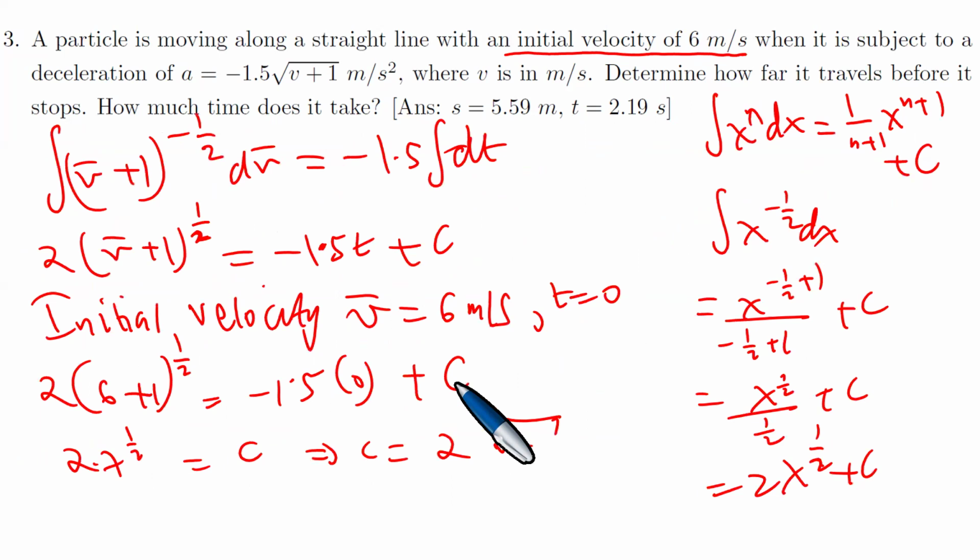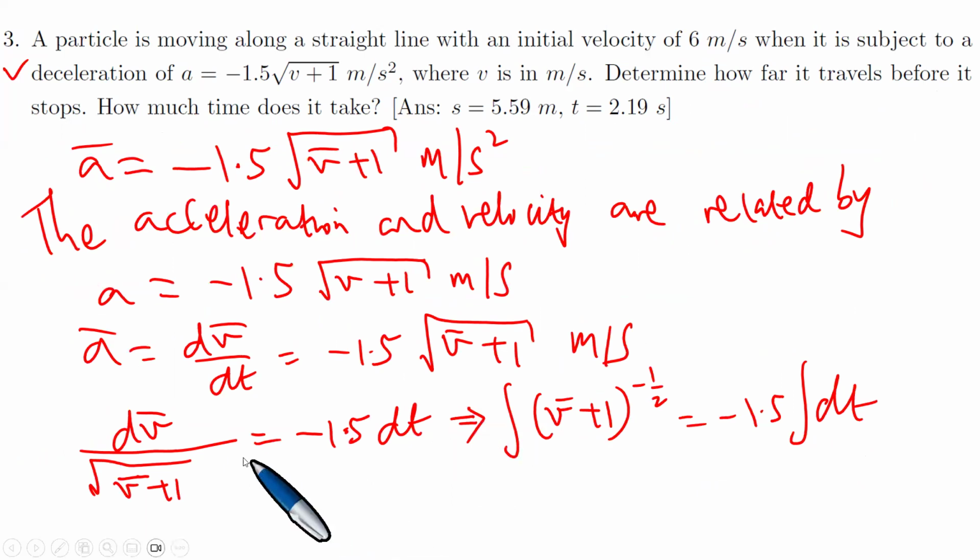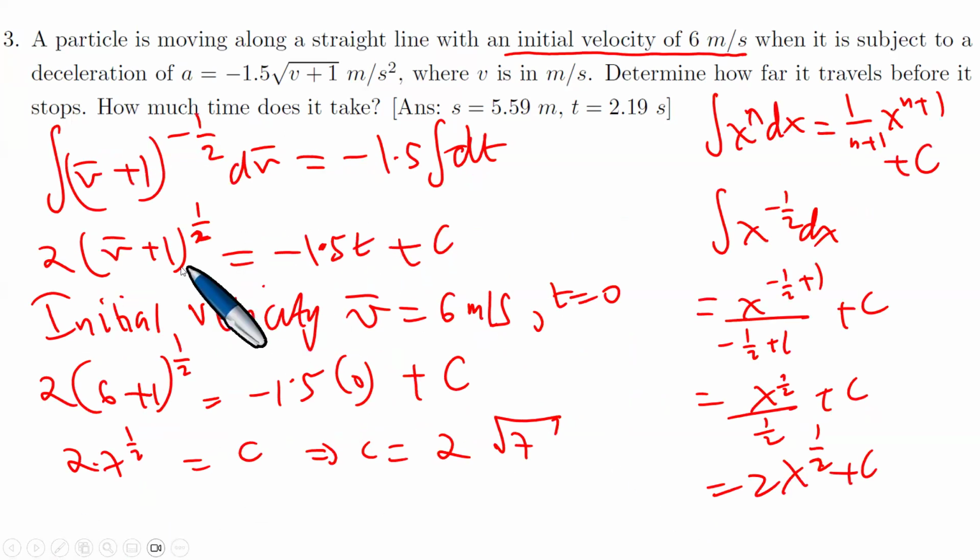I'm going to track it with this, and you go to this point. So this must be fine. I'm trying to check if there's a sign issue. You see the initial velocity is 6 meters per second at time 0.